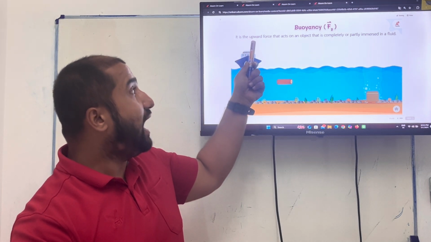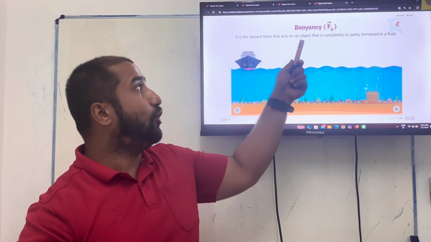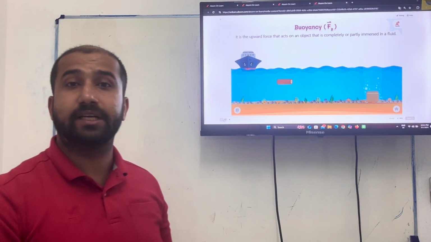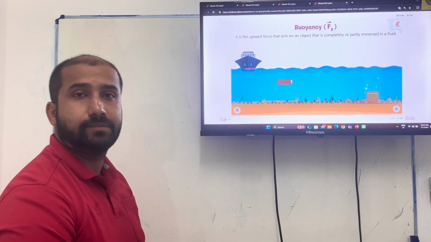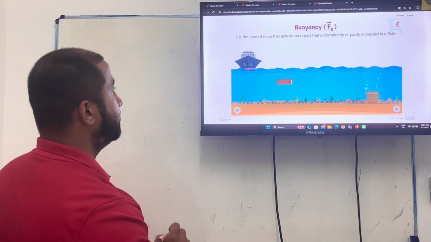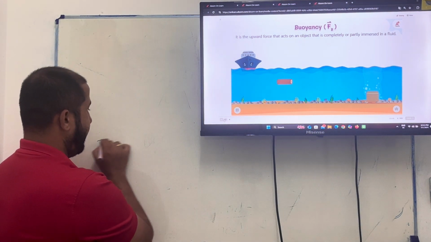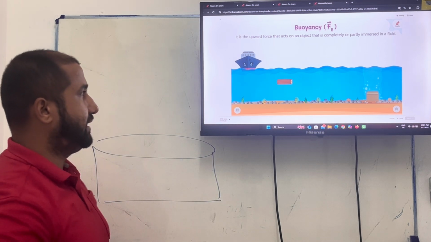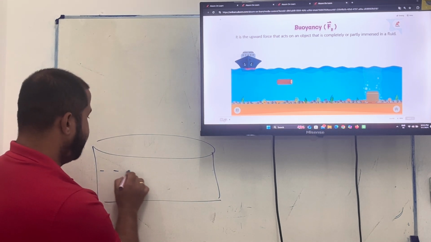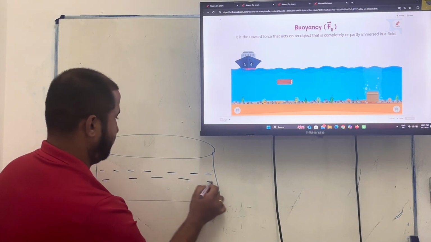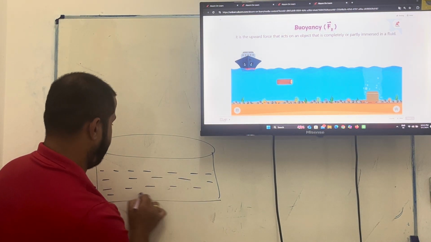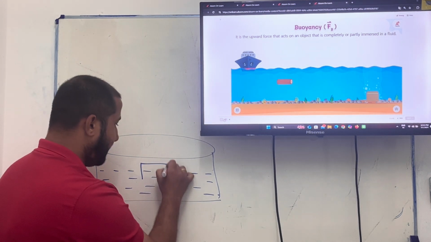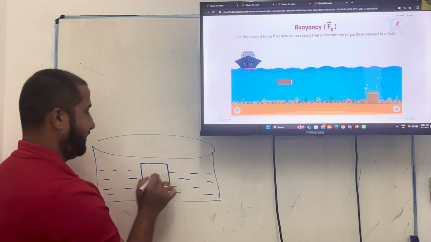It is the upward force that acts on an object that is completely or partly immersed in a fluid. Okay? That means what? Let's say we have a beaker. As you can see, it will have a liquid inside it. Now we place a square shaped object in it.